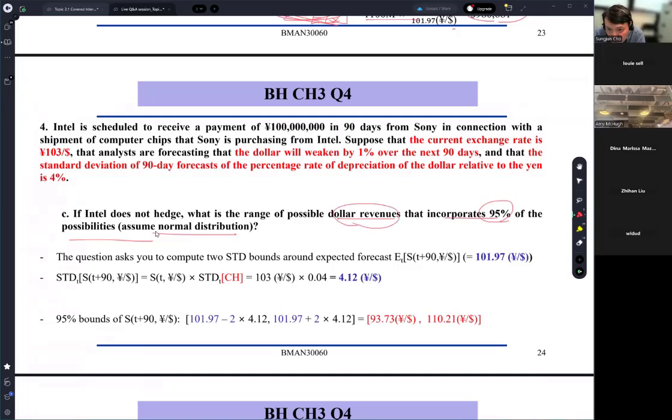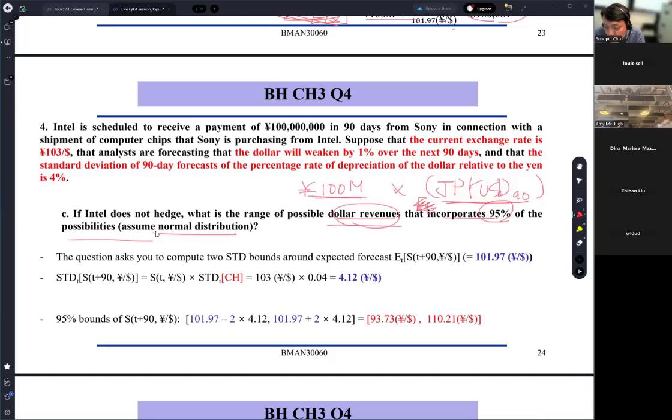How do we compute dollar revenue? 1 million yen times JPY/USD 90 days from today, right? This one will give you dollar revenue. If you want to compute expected dollar revenue, you have to put an expectation here. If you want to compute just dollar revenue, you don't need expectations.